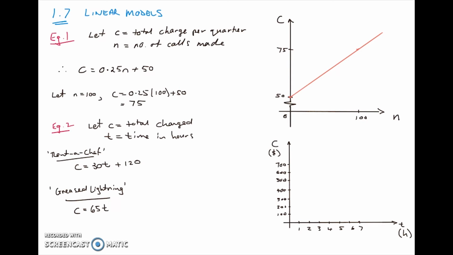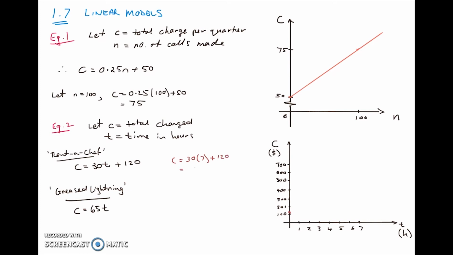Say we go to 7 hours. If we put that in for both Rent a Chef and Grease Lightning, then we can know what the values are expected to be. So for Rent a Chef, we've got C equals 30 times 7 plus 120.